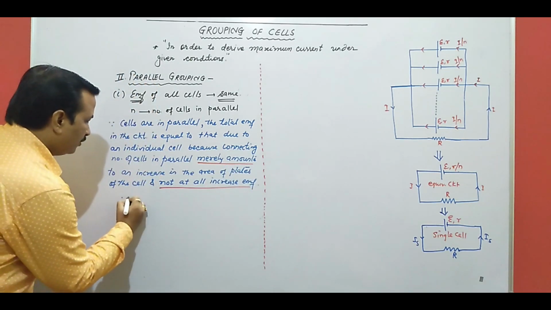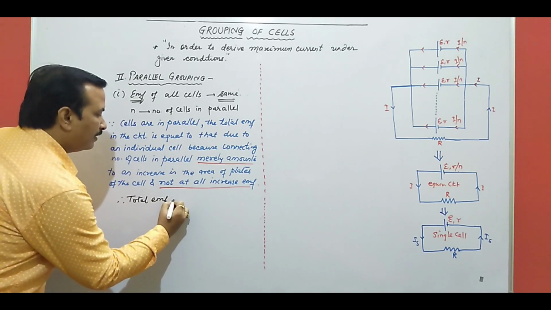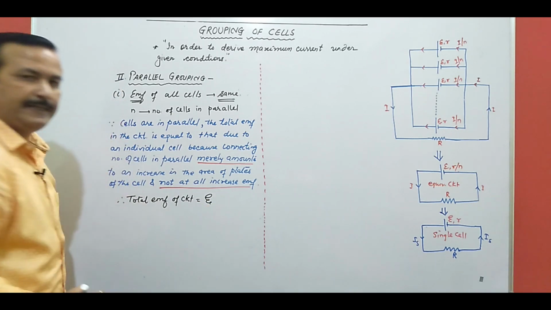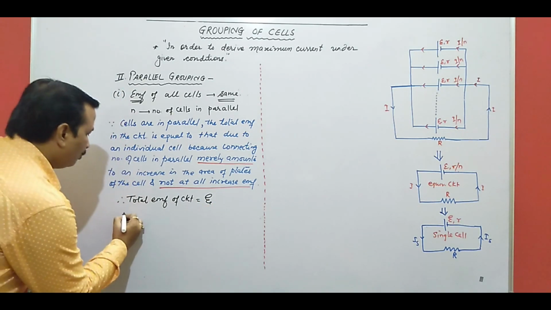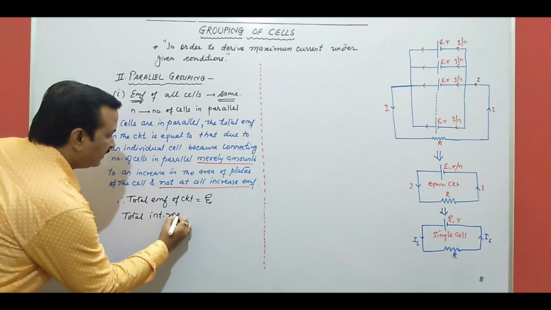Therefore total EMF of circuit is equal to E. Right? Total internal resistance, what will it be?